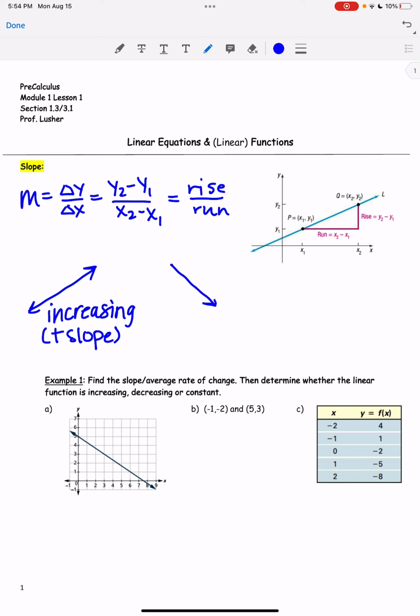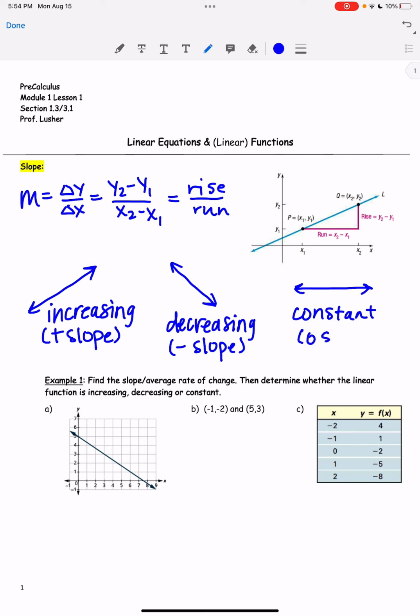From left to right, if it's going down, this is then decreasing, and these will be negative slopes. And then the other thing that can occur is you have a horizontal line. This is considered not increasing, not decreasing, but it is constant. And this is whenever you have a zero slope.